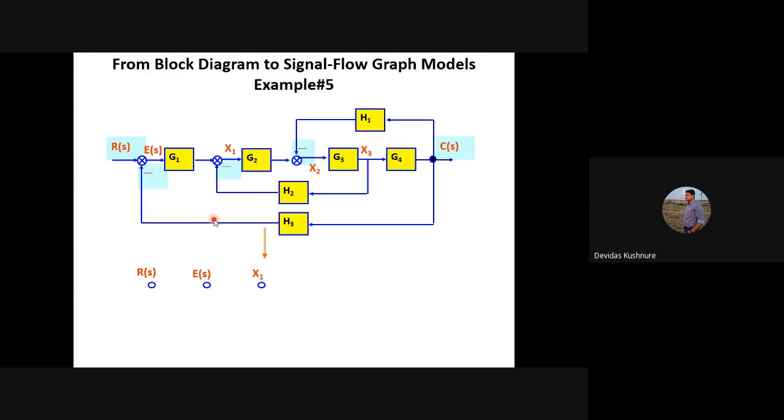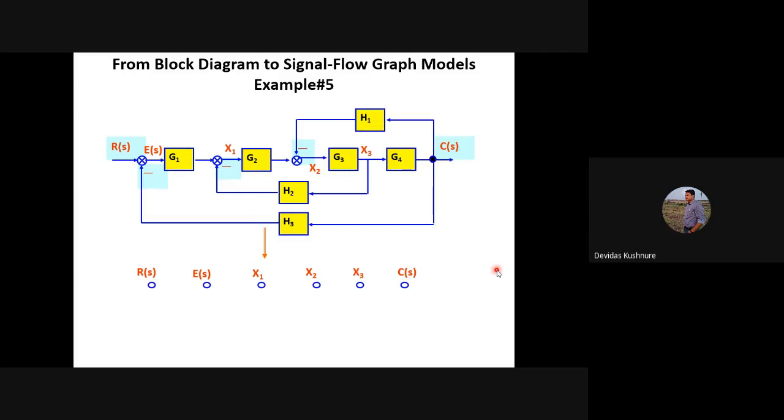All the nodes which we have to consider in the signal flow graph are nothing but the variables of the block diagram. So you can see R of S is the input, E of S is the variable at this summing point, X1 is the variable at this summing point, X2 is the variable at the next summing point, X3 is the variable at this takeoff point, and the output is C of S. Right?